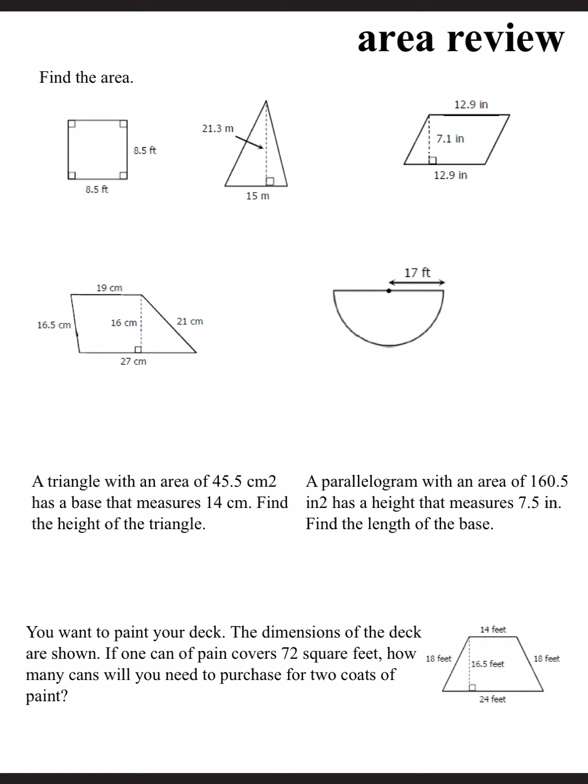So area here is side squared. And our side is 8.5. So area is 8.5 squared. And do the math, that's 72.3.